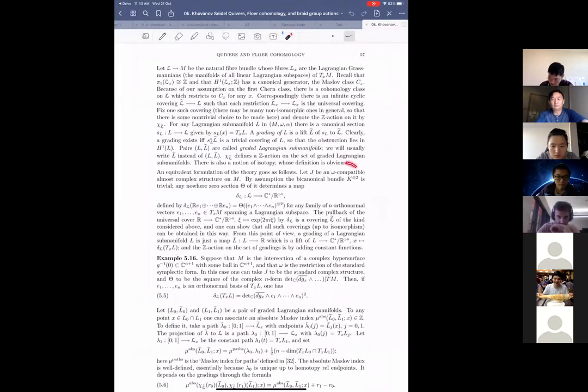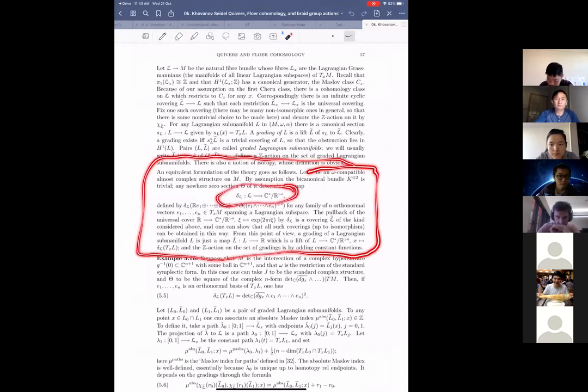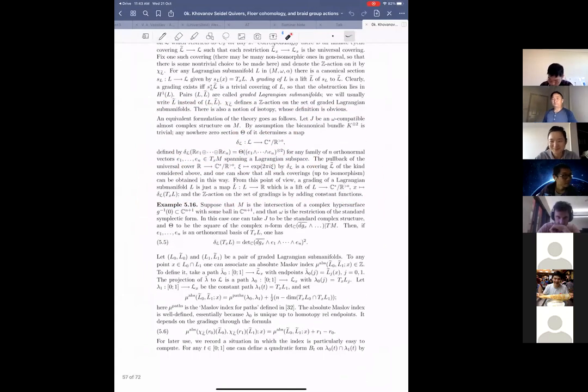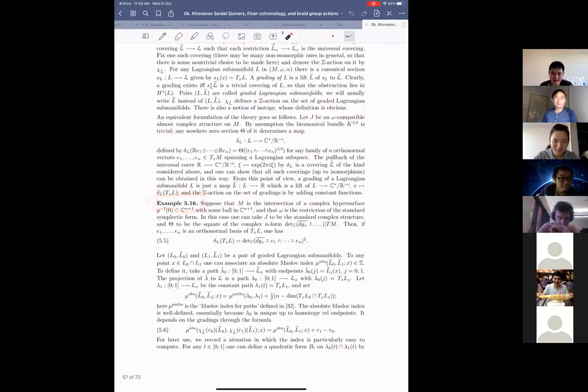So I want someone to explain this part. Explain what this is, and then do this example, and then compute this. If you can't compute this, never mind. But if you can, then you can do it.